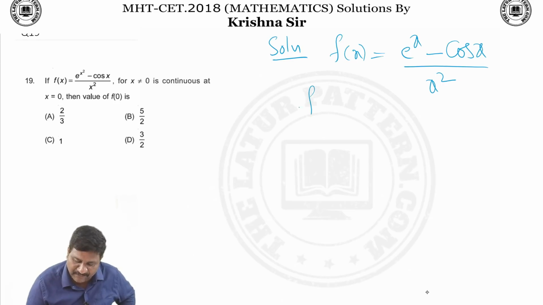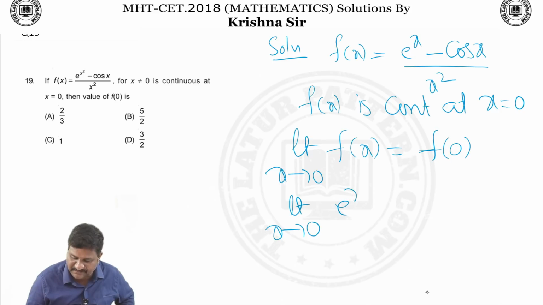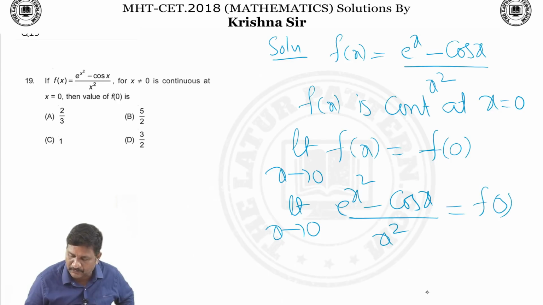So f of x is continuous at x equal to 0, then limit x tends to 0, f of x is equal to f of 0 by continuity definition. So limit x tends to 0, f of x is e power x square minus cos x upon x square, is equal to f of 0.